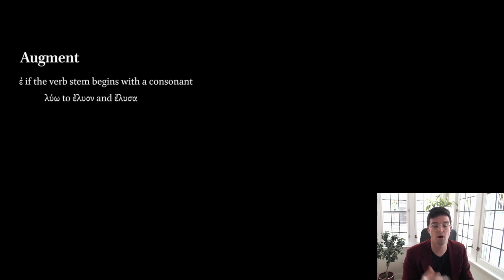So for example, our most basic verb, luo, that we have been building our paradigms on for this class, changes to eluon in the imperfect. Notice there's no saw in there. And it changes to elusaw in the first aorist. Notice we do have the saw there. And in both of these cases, the augment is an epsilon because the verb stem begins with the consonant lambda.